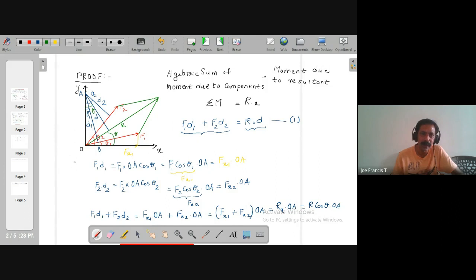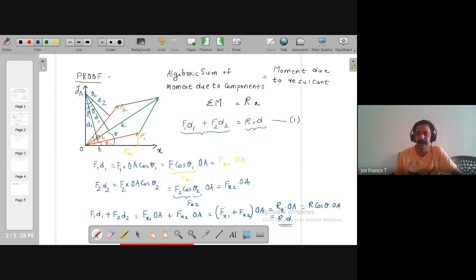So OA into cos θ is nothing but D, this term D here. So instead of R cos θ into OA, you can write this as R into D, which is your right hand side.